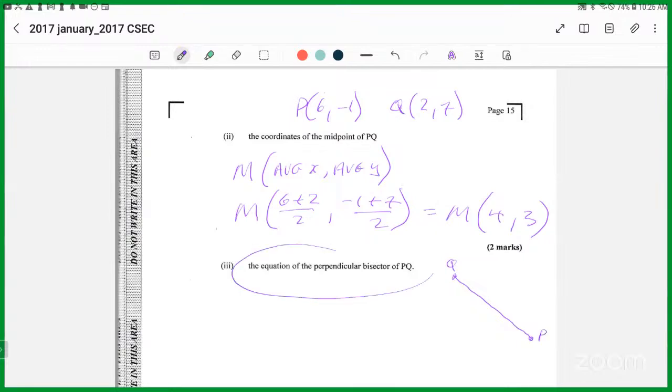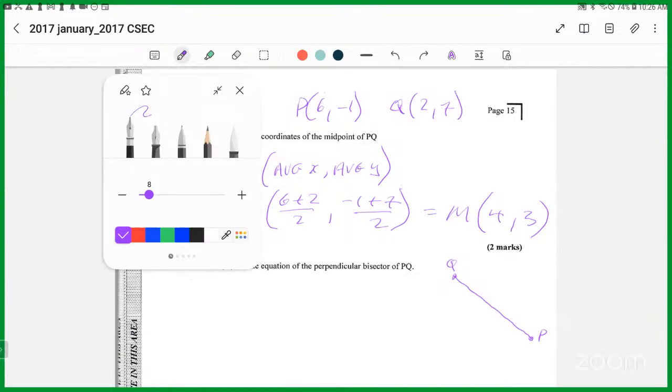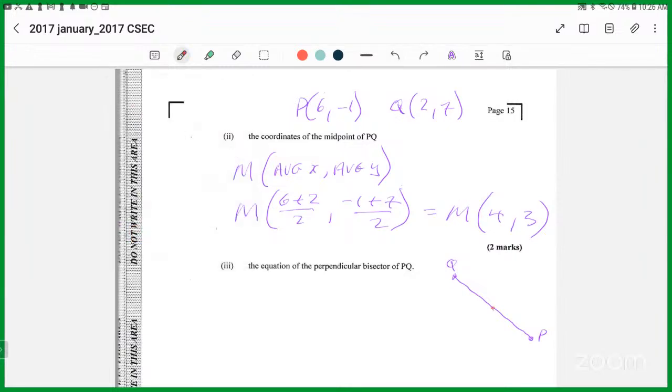This question is asking for the perpendicular bisector, which is the line that passes through the midpoint M and is perpendicular to it. So the question is asking for this second line, which we call line 2, the perpendicular bisector. It passes through the midpoint M and is perpendicular to PQ.